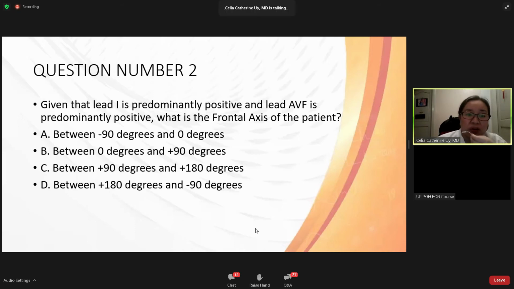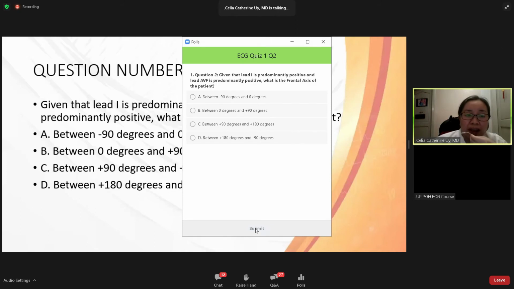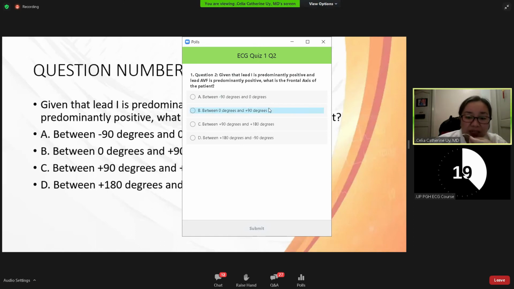Here are your choices. Letter A, between minus 90 degrees and 0 degrees. Letter B, between 0 degrees and positive 90 degrees. Letter C, between positive 90 degrees and positive 180 degrees. And letter D, between positive 180 degrees and minus 90 degrees. Key in your votes now.